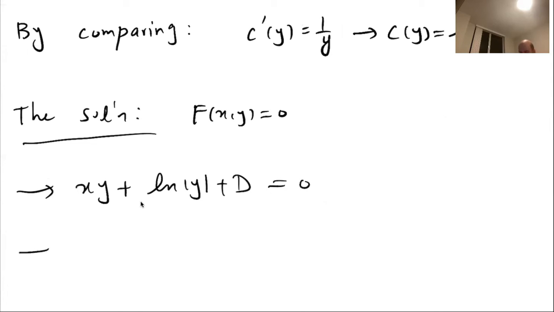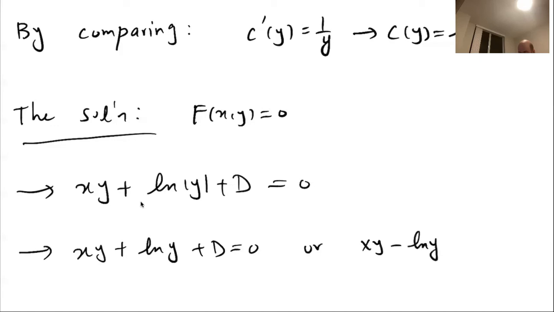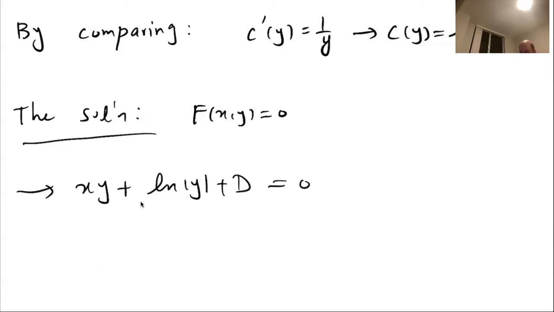Let me leave it like this, xy plus ln absolute value y plus d equals 0, and d here is a constant.